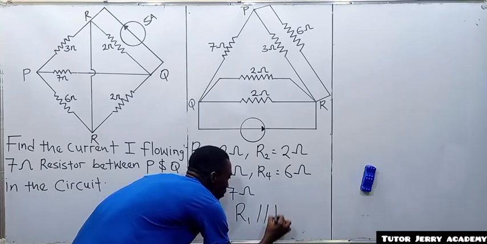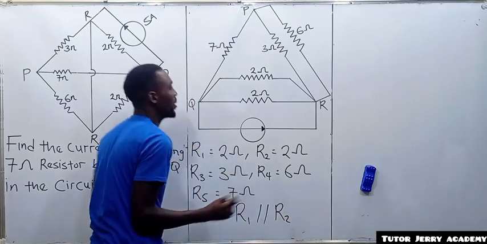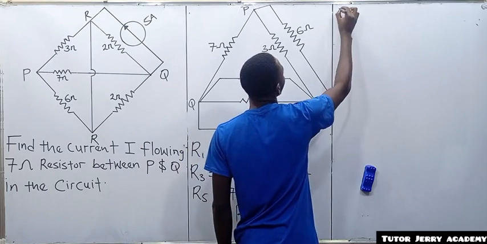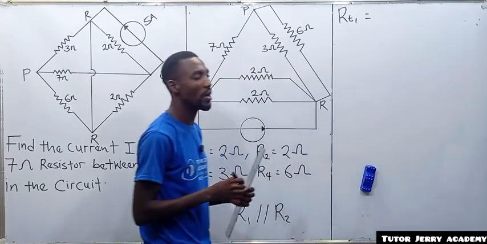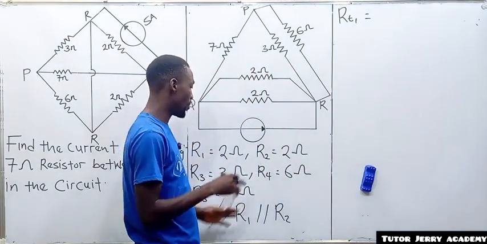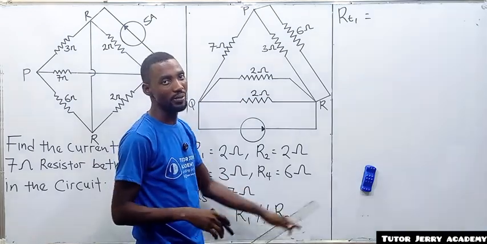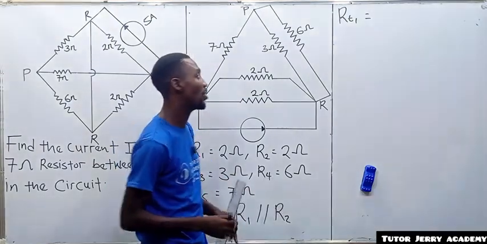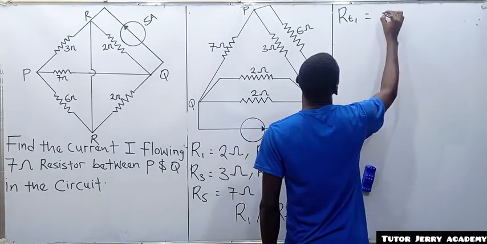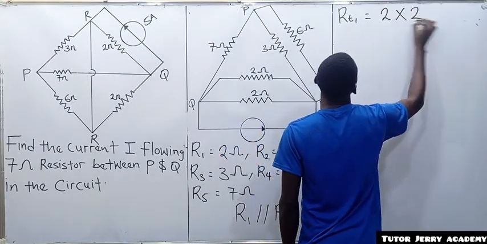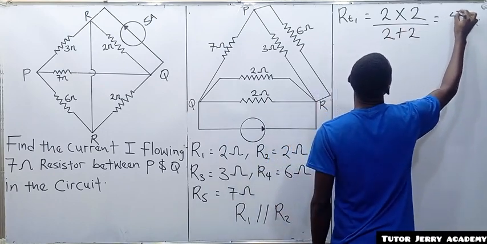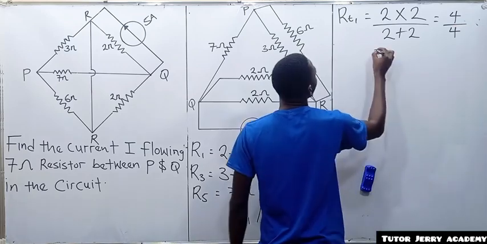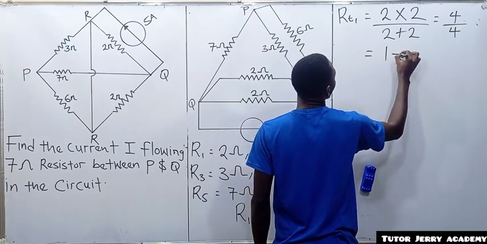The combined effect, let's call it RT1, when two resistors are in parallel, is R1 multiplied by R2 divided by R1 plus R2. So this is 2 multiplied by 2 divided by 2 plus 2, which equals 4 divided by 4, so this equals 1 ohm.